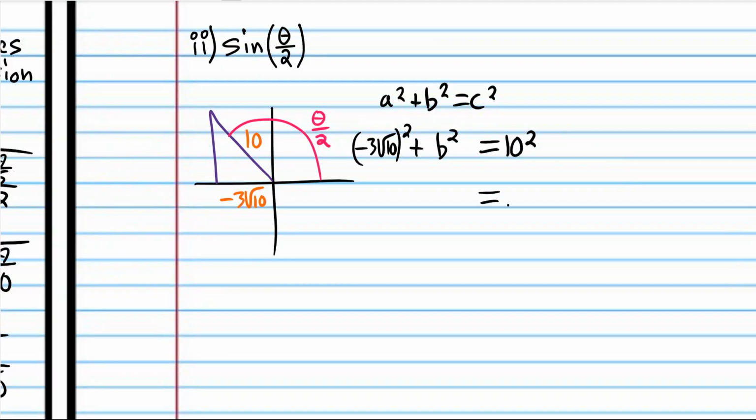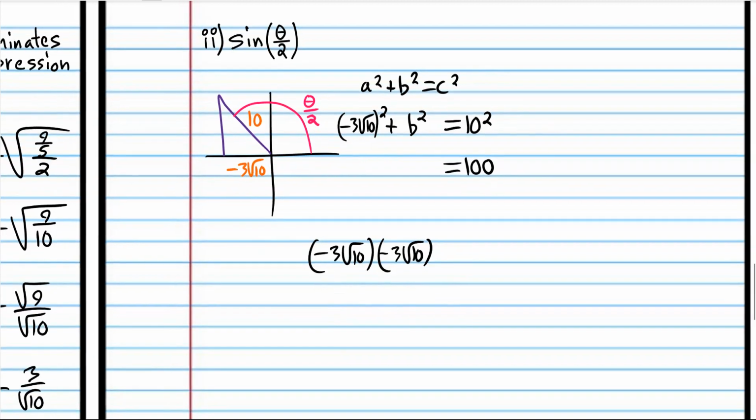And then we get 100. And over here, negative 3 root 10 times negative 3 root 10. We can multiply -3 and -3 to get 9, and root 10 times root 10 is root 100. And square root of 100 is 10, so we end up with 90.